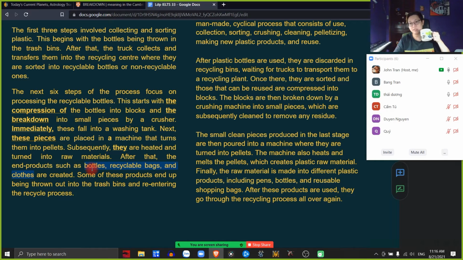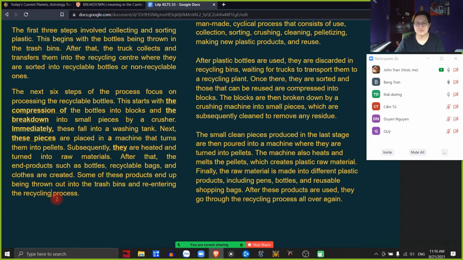Nêu ra mấy thứ thì cái thứ cuối cùng và cái thứ trước đó phải có chữ and. Some of these products end up being thrown to the trash bin and re-entering the recycling process, right?